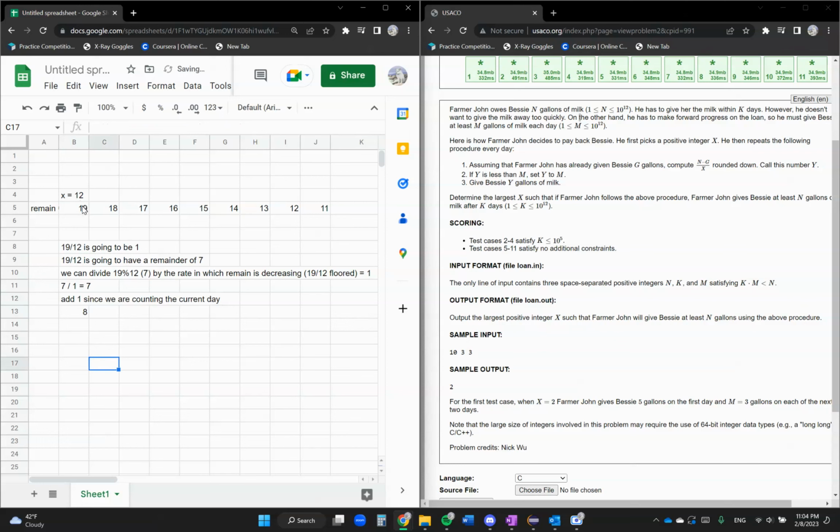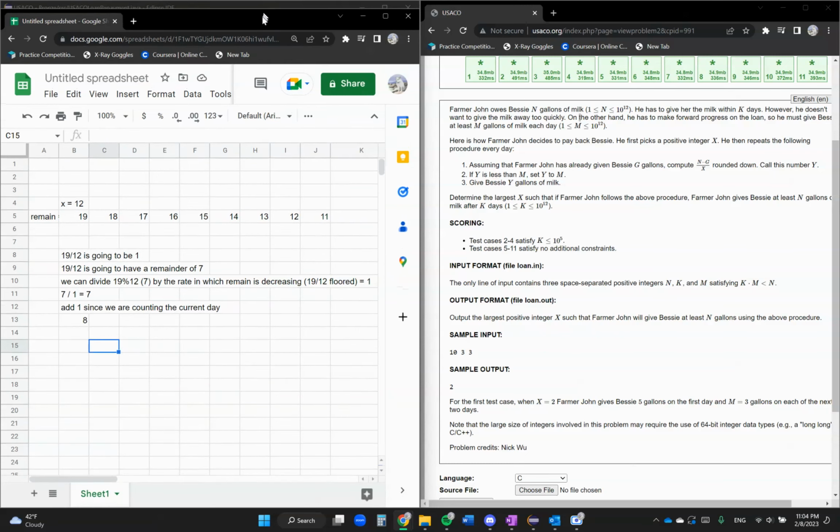And we can check this. 19, 1, 2, 3, 4, 5, 6, 7, 8. For 8 days, it's going to be decreasing by the same integer y.